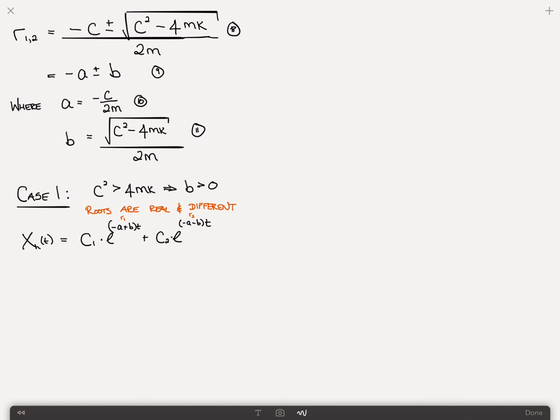I can take the solution and I can rewrite it as follows. This is equal to e to the minus at times c1 e to the bt plus c2 times e to the minus bt. And we'll call this equation 12.